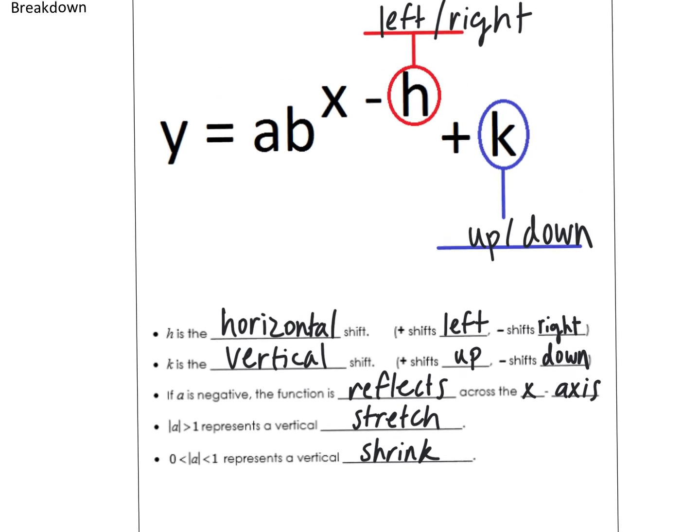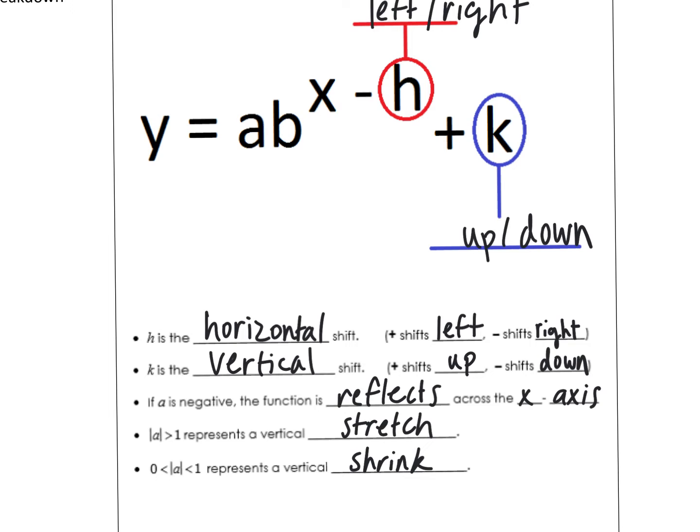Real quick, just look at this equation before we move on from it. Do we all see how B is the base? Yes, the base of the exponent. That's what we call letter B. Do we notice how A is the number in front of it? Okay, so the only time you're going to have a stretch or a shrink is if there's a number out front.